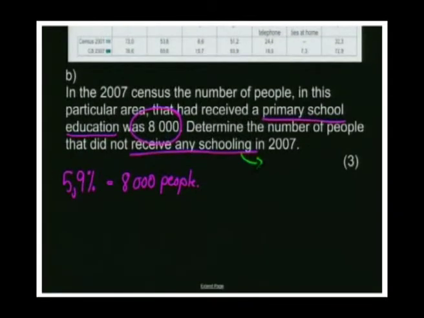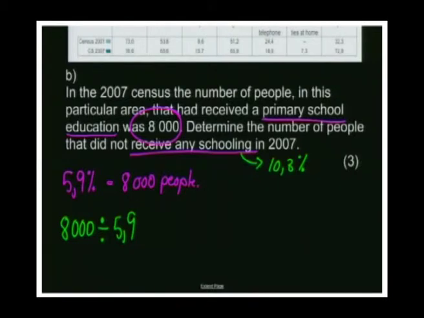And I'm going to write that over here for future reference. All right. So to get what 1% is, we can say 8,000 people divided by 5.9, and that will give us 1% of the population.